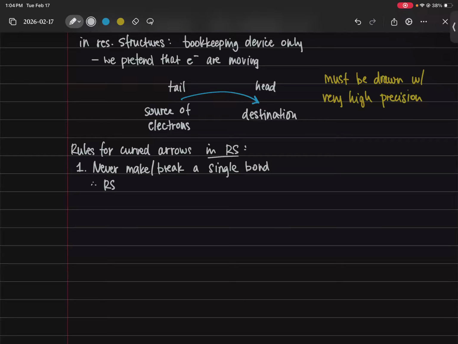And so the result of that is that resonance structures have to have the same attachment pattern of atoms. Okay.